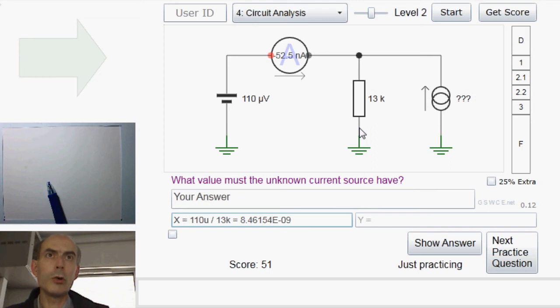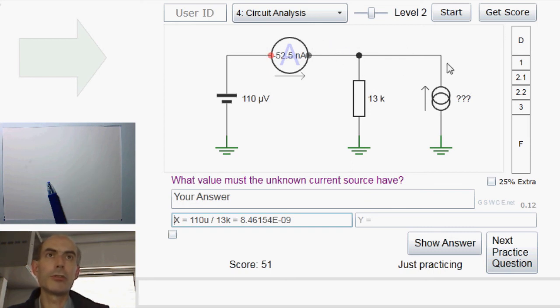Now, we know the current flowing into this node is this unknown current source here, and that must be equal to the current flowing down through this resistor, and minus the current flowing through the ammeter. You see the ammeter reads minus 52.5 nanoamps with the arrow this way, which means there's 52.5 nanoamps flowing this way, right to left at the top.